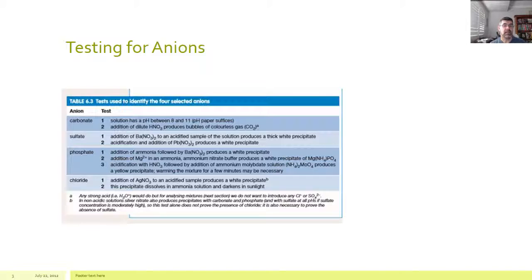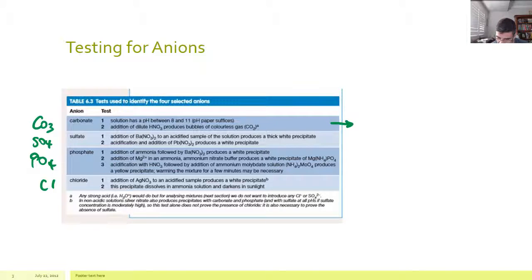Here's the table, which gives you a bit of an idea about the different types of ions that are here. So we've got the carbonate ion, the sulfate ion, the phosphate ion, PO4, and the chloride ion. So let's have a little bit of a look at each of these in a bit of detail.